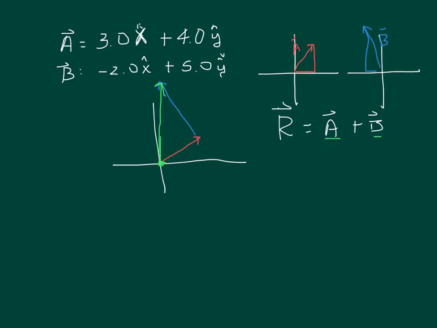So the resultant, or the addition of those vectors, is what we call R.